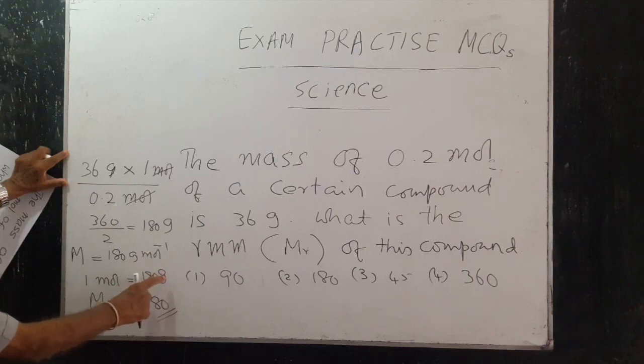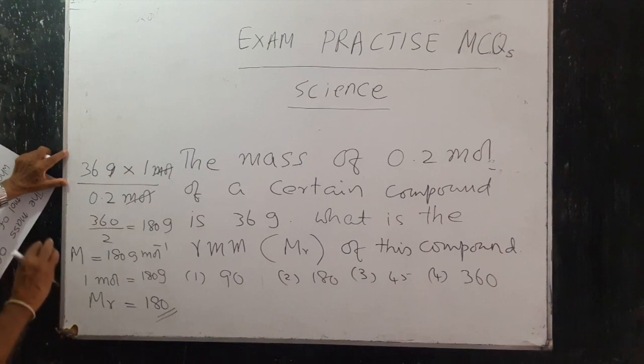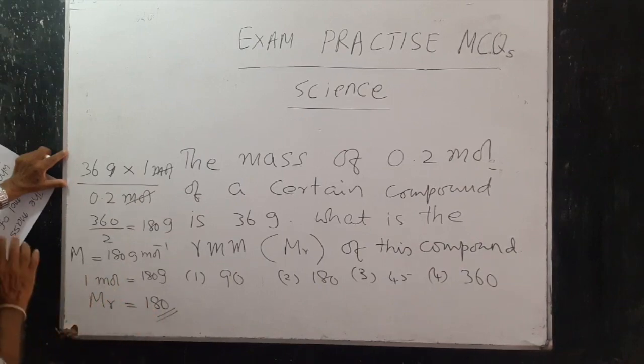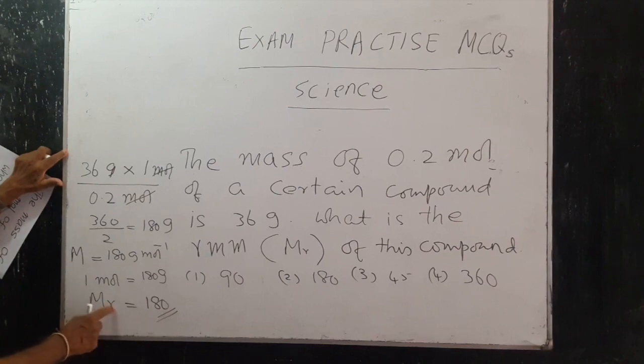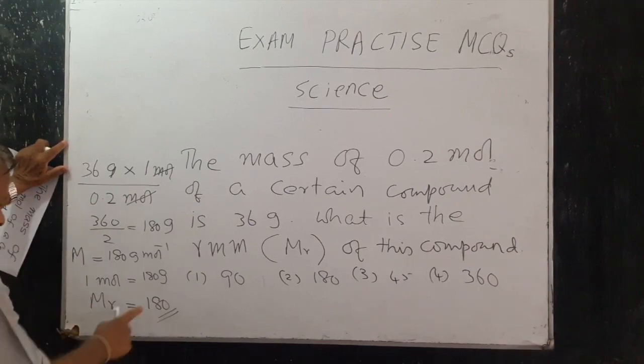Here you have the unit gram because it is 1 mole. Actually, this is the mass of Avogadro number of molecules, or a mole of molecules of that compound, in grams. Relative molecular mass is the mass of 1 molecule of that compound in atomic mass units.